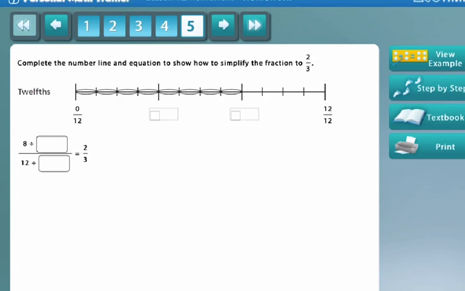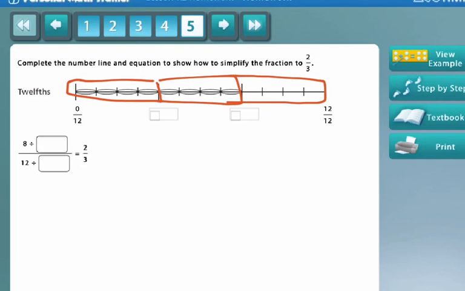Same problem. What is your divisor here? Each of these, that's a third, that's a third, and that's a third, 3/3, but they're asking you to convert it into twelfths. So what is your divisor to convert twelfths into thirds, or what is your multiplier?